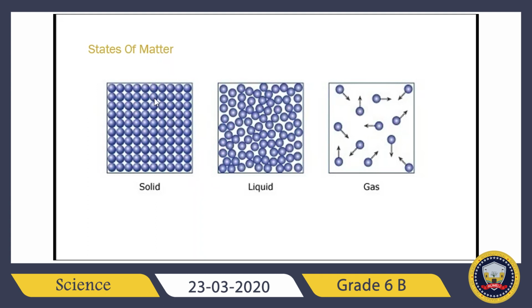They cannot be compressed and they cannot be expanded, and that's why solid is considered to have a definite volume. So all solids have a definite volume and a definite shape.